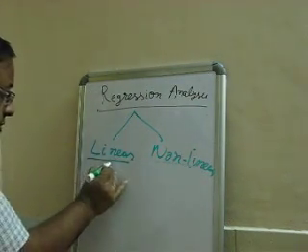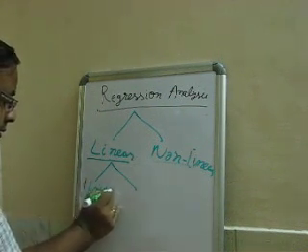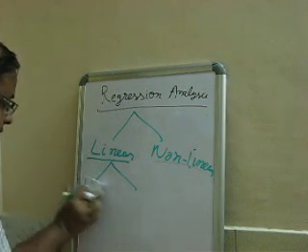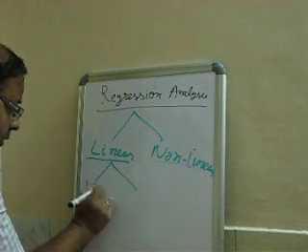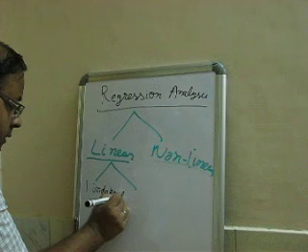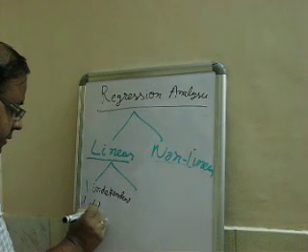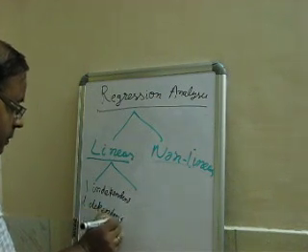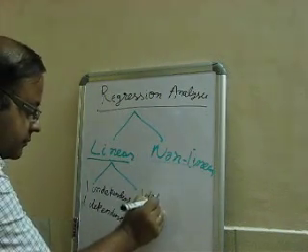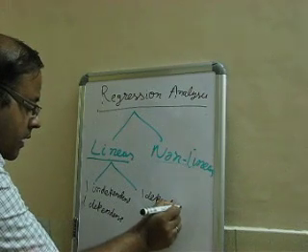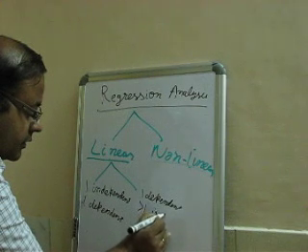Linear is again of two types, where you have one independent variable and one dependent variable, and the other is multiple linear regression, where you have one dependent and more than one independent variables.